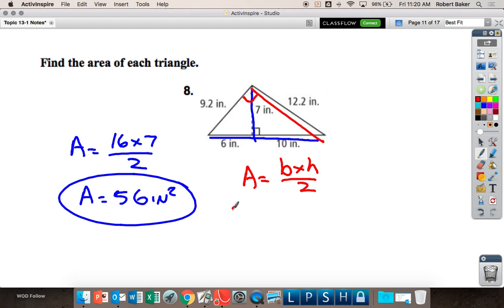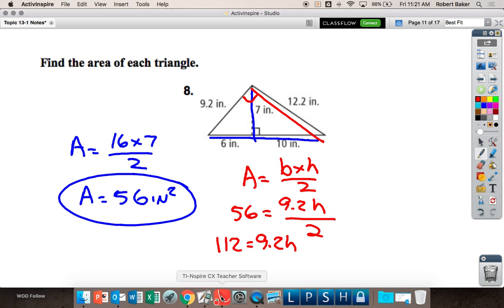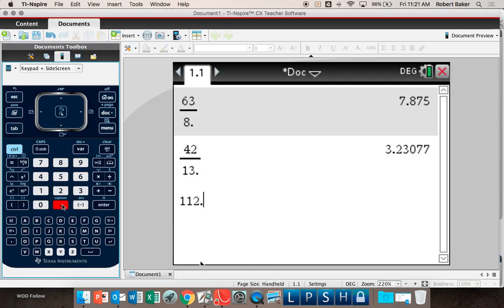I have an area of 56, a base of 9.2, and a height of h. So I could solve for the other altitude. Multiply both sides by 2, and then do 112 divided by 9.2. So the other height would be 12.17. You can still solve forwards and then go back and solve backwards. Just fun stuff.